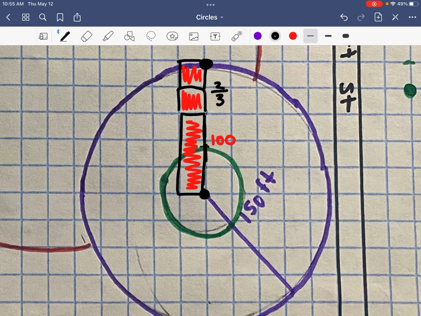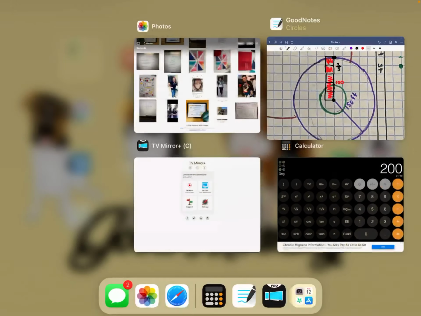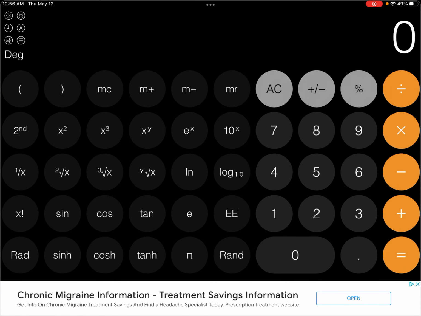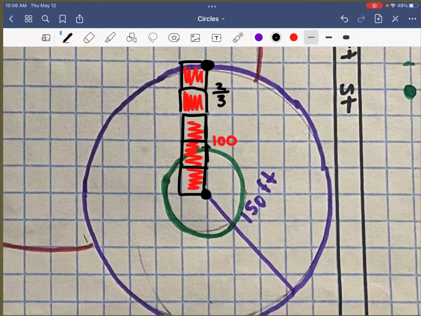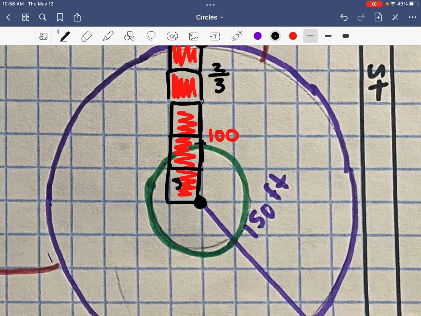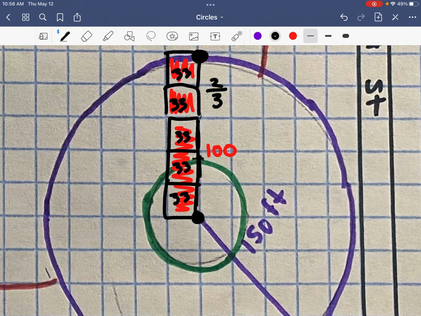So there's 2 ways to do this. You can either multiply, or you can figure out how much each square is, okay? So if 3 squares equal 100 feet, how much is each square worth? I'm just going to do 100 divided by 3. So it's about 33. So that means that this is 33 feet, this is 33 feet, this is 33 feet, 33, and 33.